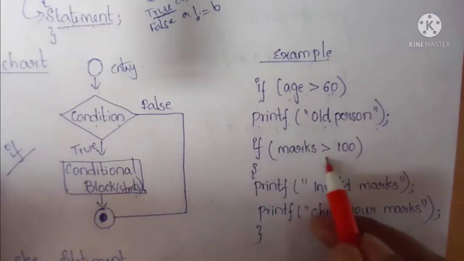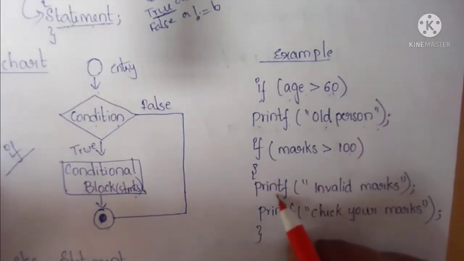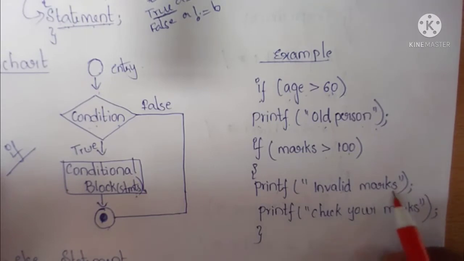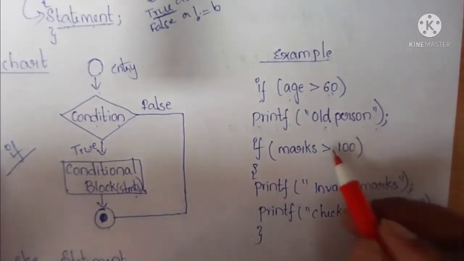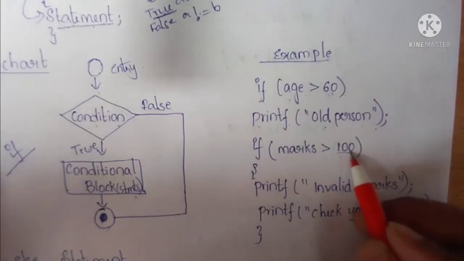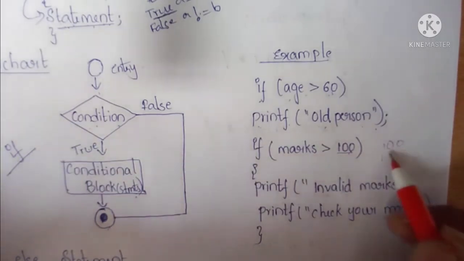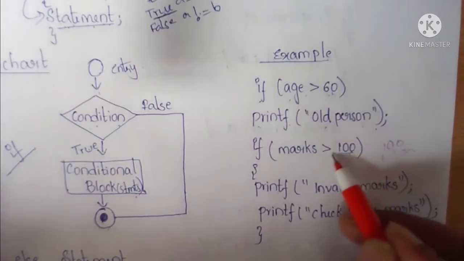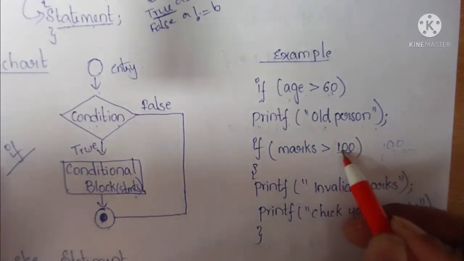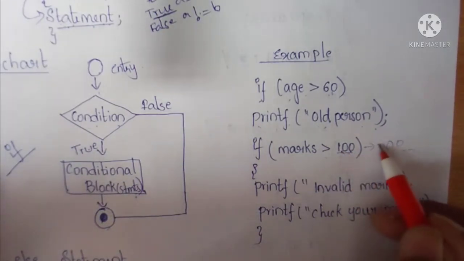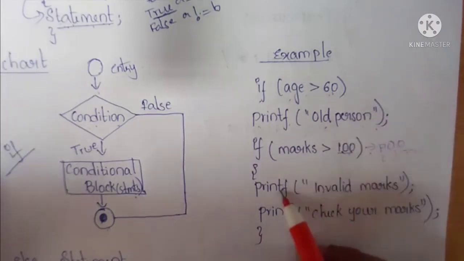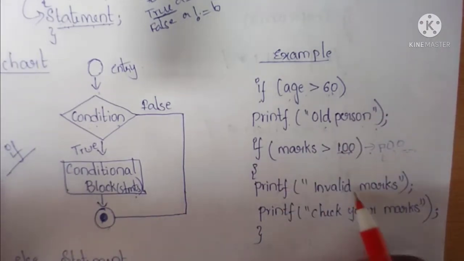If marks is greater than 100, you have to printf invalid marks or check your marks. Why? Because marks greater than 100 will not be there. We use 100 or below, but greater than 100 is not used in any marks list. So this condition is every time false. It will not print these statements, it will terminate from the loop.